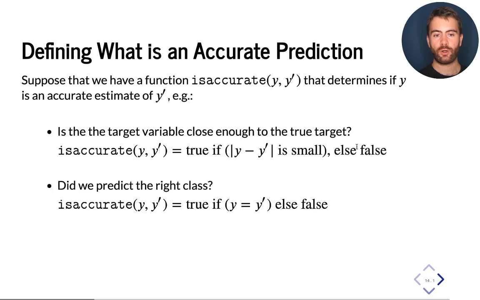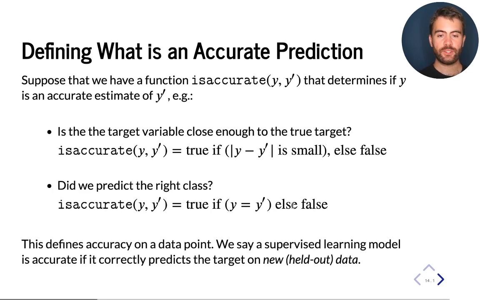If we have a classification problem and y and y prime are discrete labels, then we can say accurate equals true if the label is correct, otherwise false. So there are many different definitions, and the exact definition is not important. The idea is that we want a model to be accurate, according to however we define it, on holdout data.